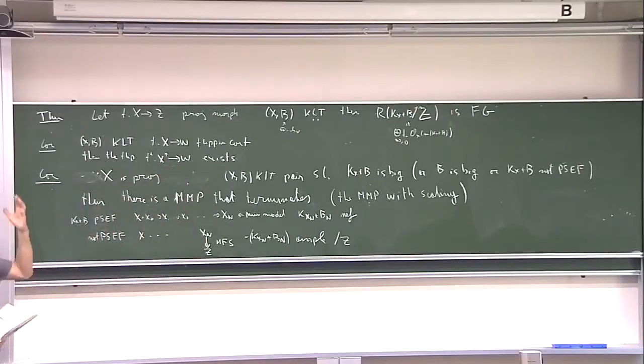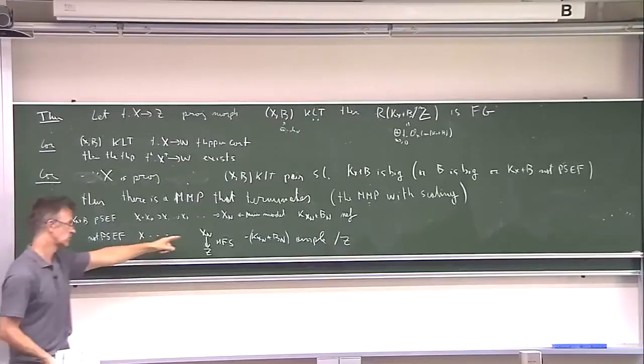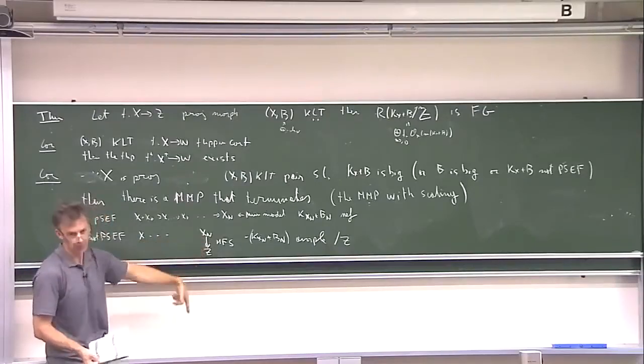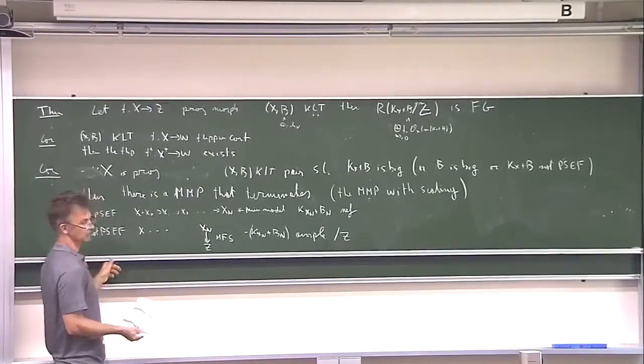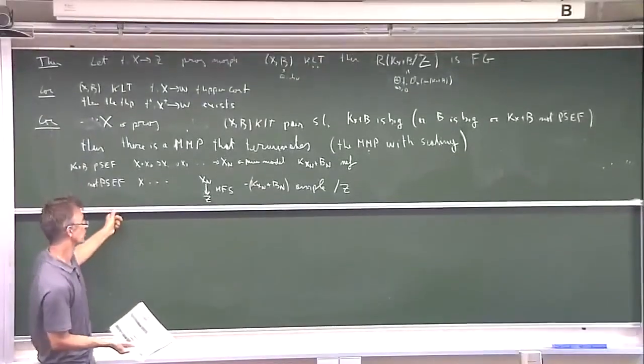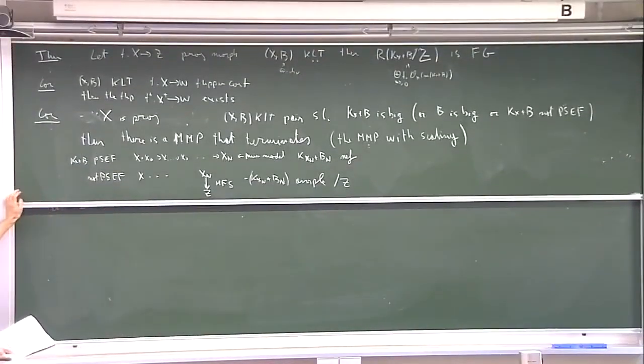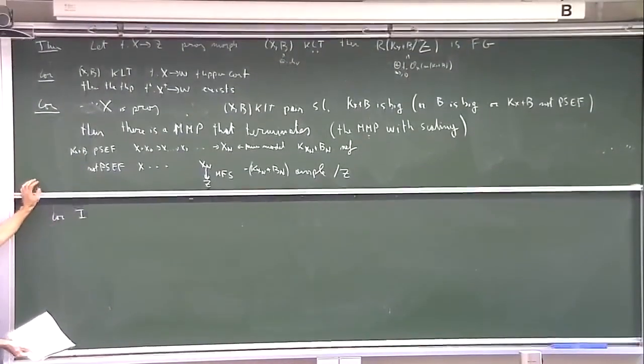But you also have the relative version, but it seems a bit overkill. So if it's projective over Z, you can do this over Z, so this will be a map to some Z' over Z, and so on. So the relative version also works, but I decided that it was overkill to write it that way.